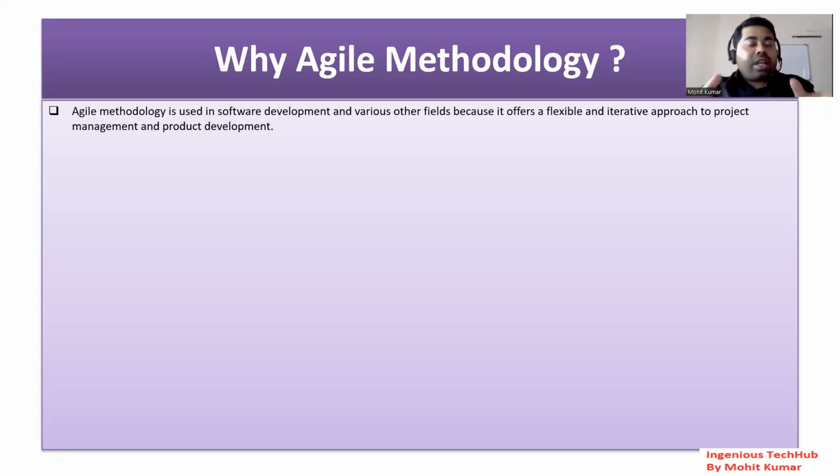The involvement of the product owner is to collect all the backlog, and decide when we have to complete it. Then we have a scrum master. What will the scrum master do? The scrum master assigns the tasks to you and takes your daily status.